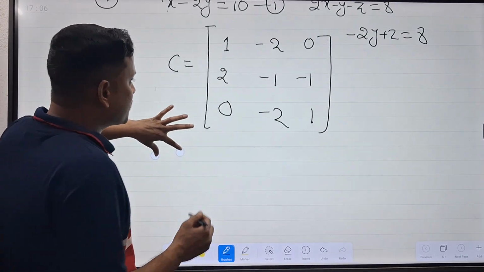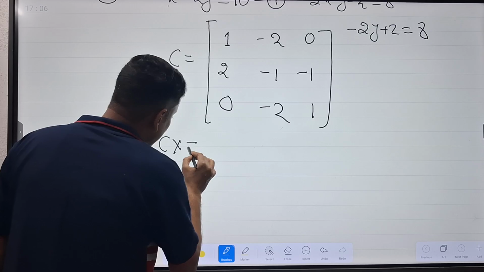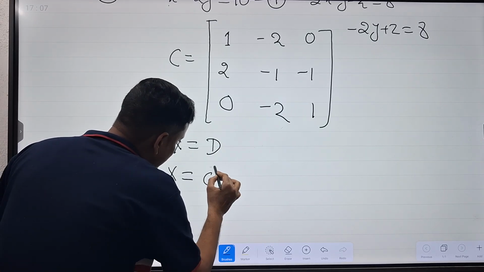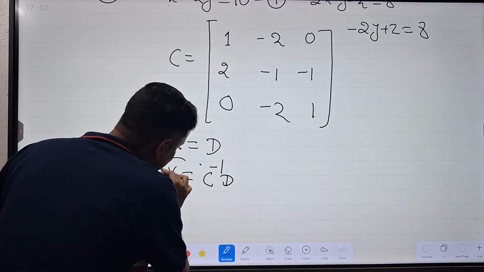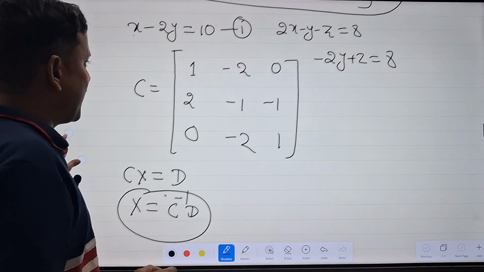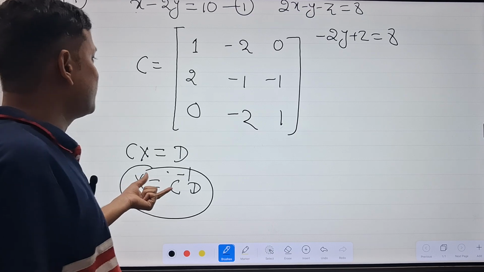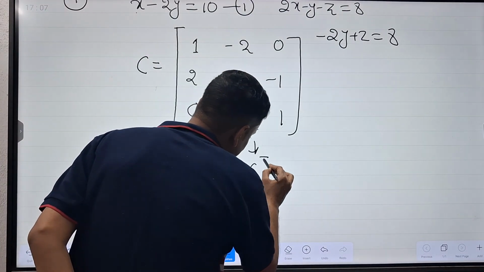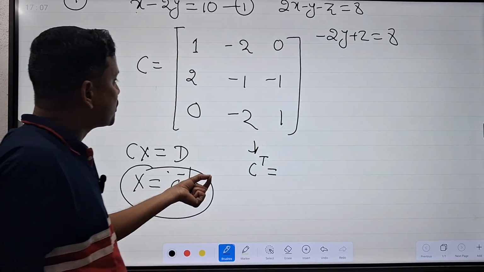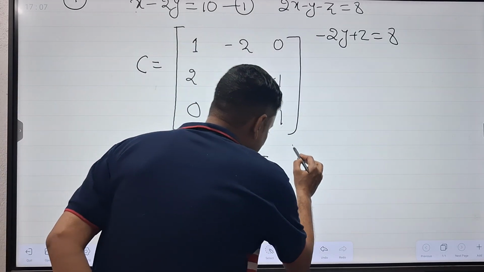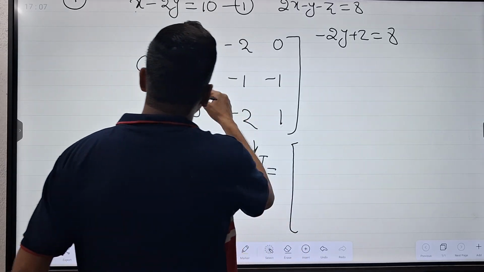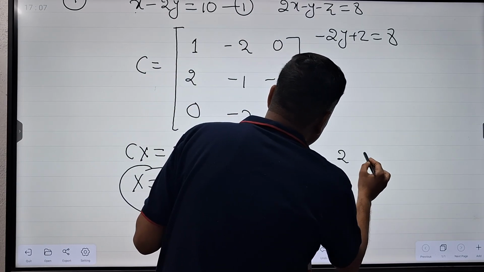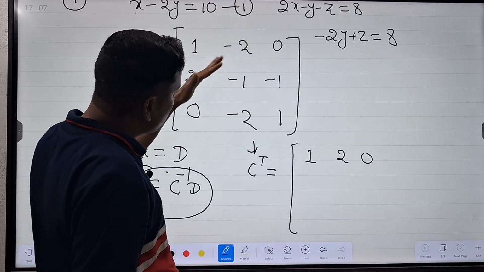So how will you solve this question? This is Cx equals D. You know that Cx equals D. That means x equals C inverse into D. And what is C inverse? If you find CT, that means the transpose of this matrix, you just change all rows into columns.